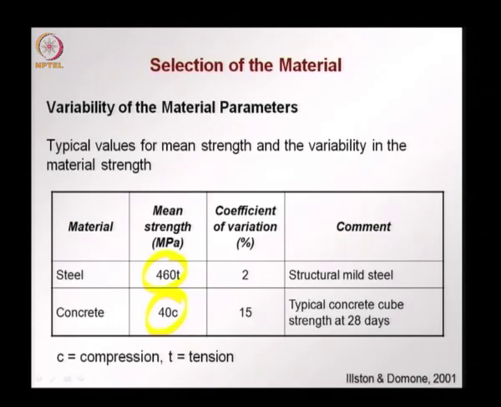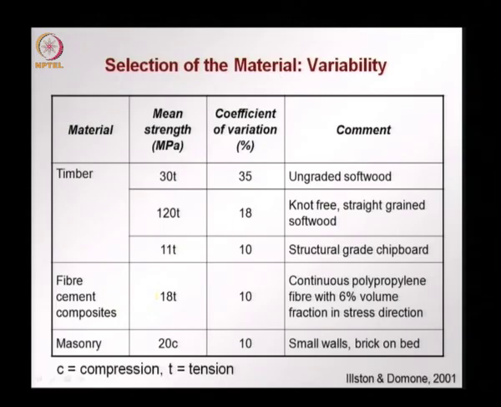But when we test typical concrete cubes at 28 days, we do a lot of tests of nominally identical materials. Even though the material is supposed to be the same, we would find that the coefficient of variation between the different tests conducted could be as high as 15%. Now, if we go on to other materials, we find a range of parameters. Timber we find has generally much higher coefficients of variation.